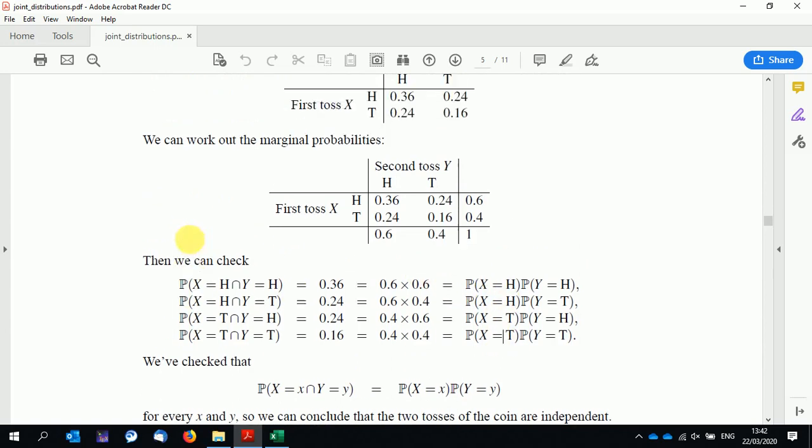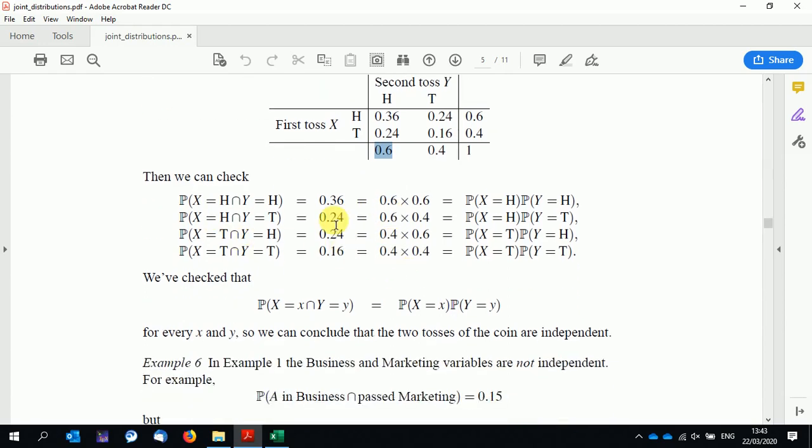So on the left hand side, the probability X is head and Y is head, clearly from the table, is 0.6. On the right hand side it is the probability X is head times the probability Y is head, and that is giving the same answer. Hence they are independent.